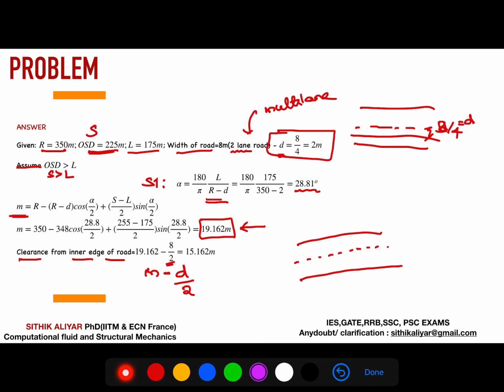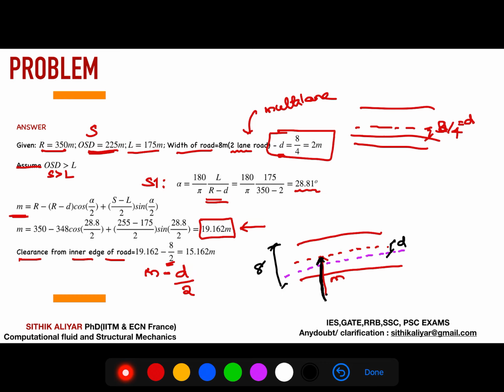If they are asking with respect to the center of the inner lane, we know from here it is M, and we know this is D. And you should know the total width is B. The setback distance is calculated from here.